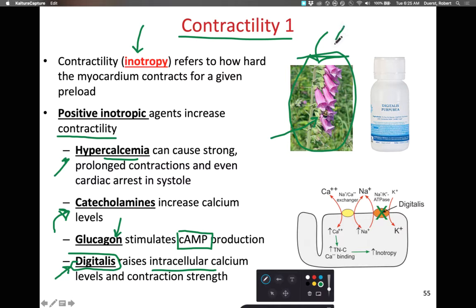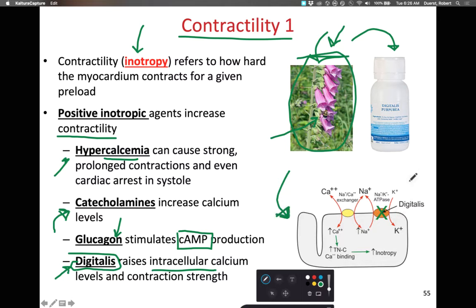So now, instead of drinking digitalis tea to help with your low blood pressure, people can now take purified digitalis, and that purified digitalis will travel to a cardiomyocyte. So here at the bottom of the lower right-hand corner is just a beautiful figure of a cardiomyocyte.